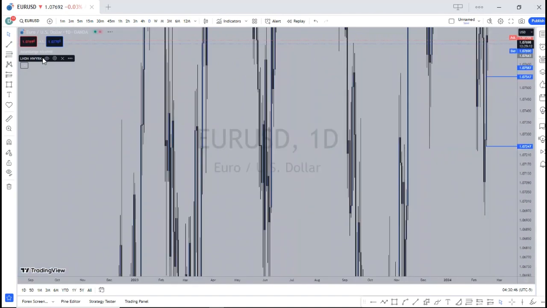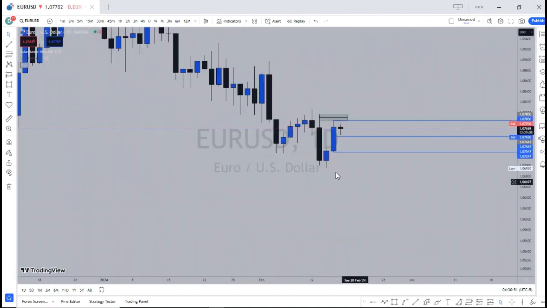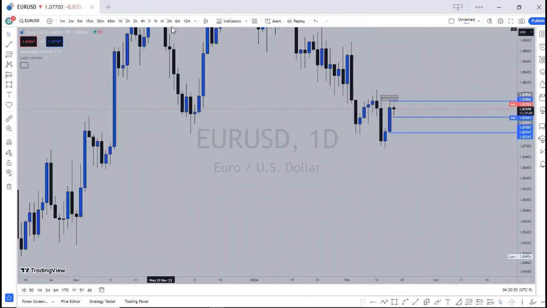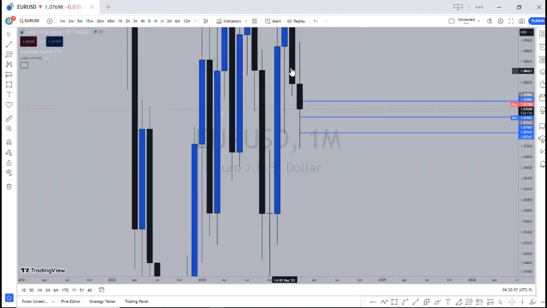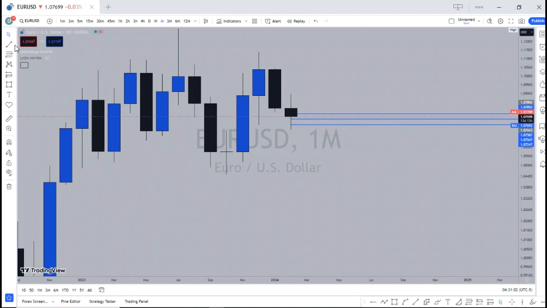If you look at the daily time frame right here, you can also focus on the monthly time frame. This right here, you can actually pay attention. Let me take all the joints off.